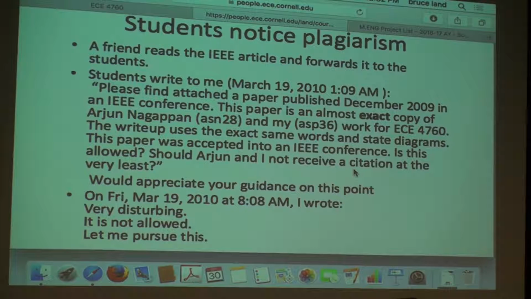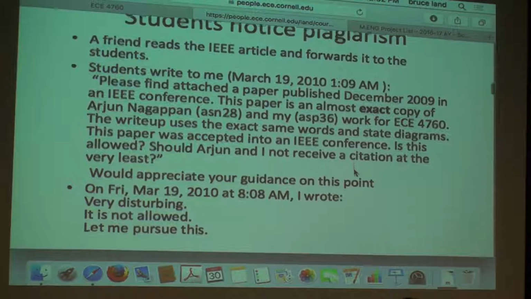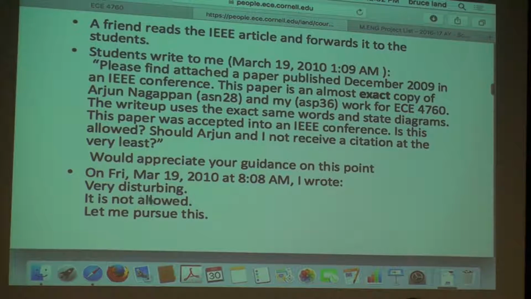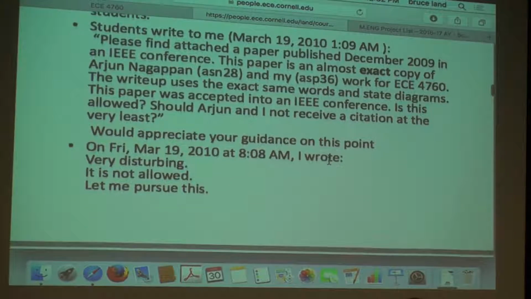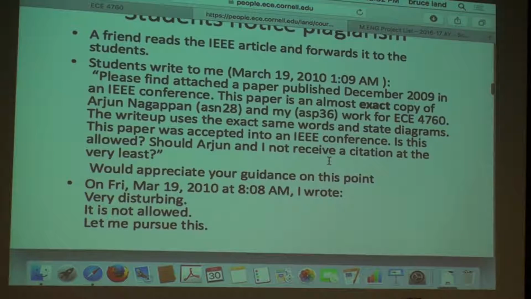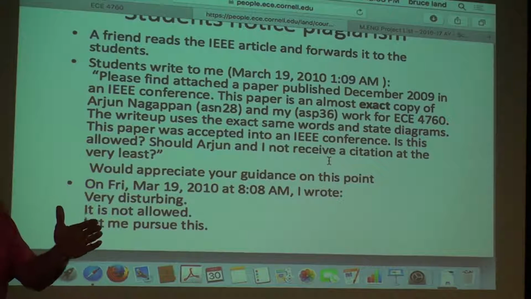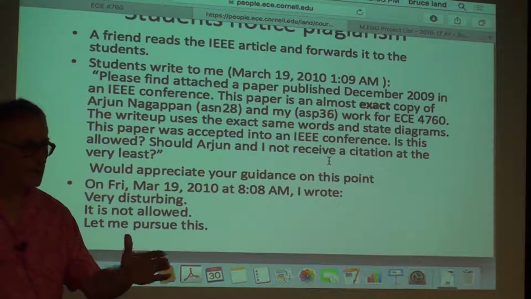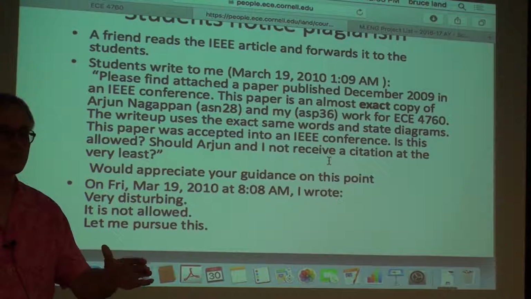No. So I was in the middle of writing a lecture or something, so I wrote back this real short 3-liner. And before I could get back to them, even, by the next day, they had figured out how to submit a plagiarism report to the IEEE and done it.